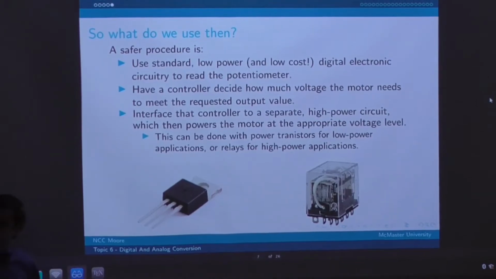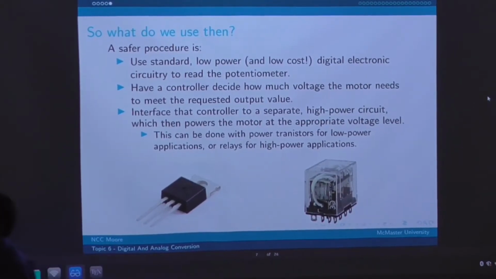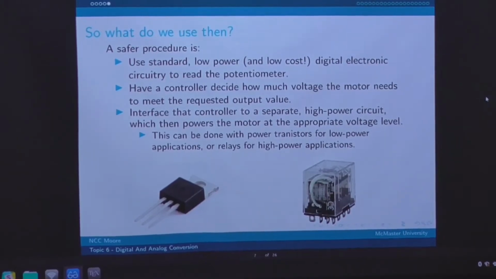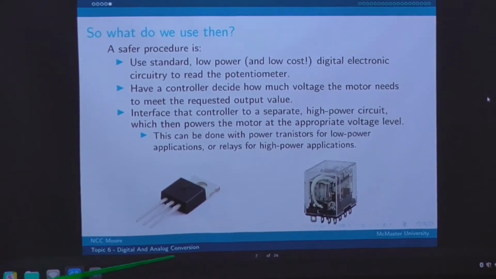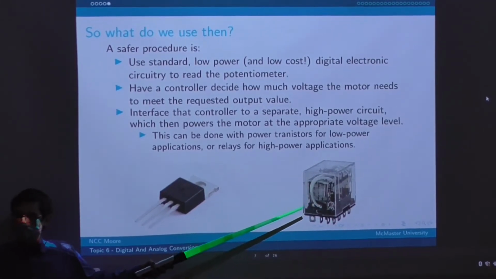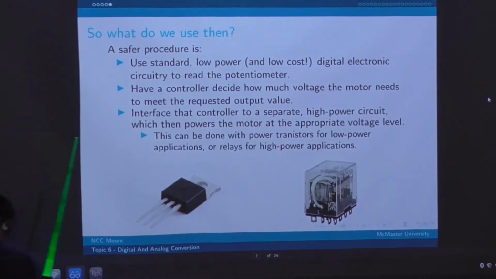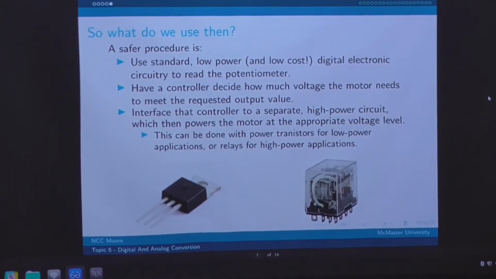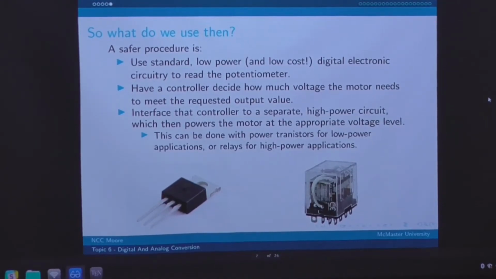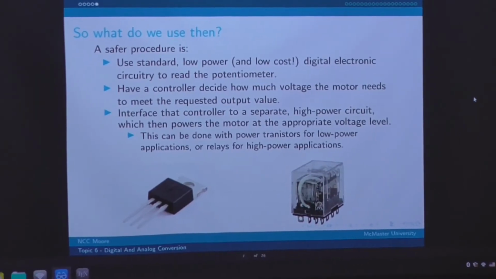In higher power applications, you're looking at something like a relay. Probably a reasonably fast pulse width modulated signal running through a relay that's then run through a low pass filter. That would smooth the signal out so that you would get a regular signal. But, yeah. Any questions so far? Good.